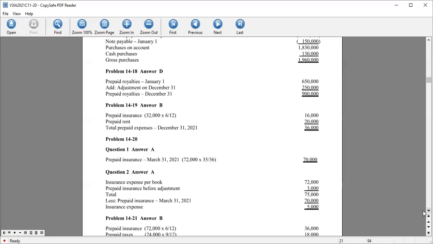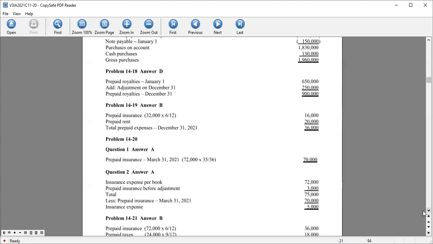So now we get number 18, the prepaid royalties is 900,000. Number 19, we have prepaid insurance of 32,000 times 6 over 12. And we got the prepaid rent for 20. So the total here for total prepaid expenses on December 31 is 36,000.